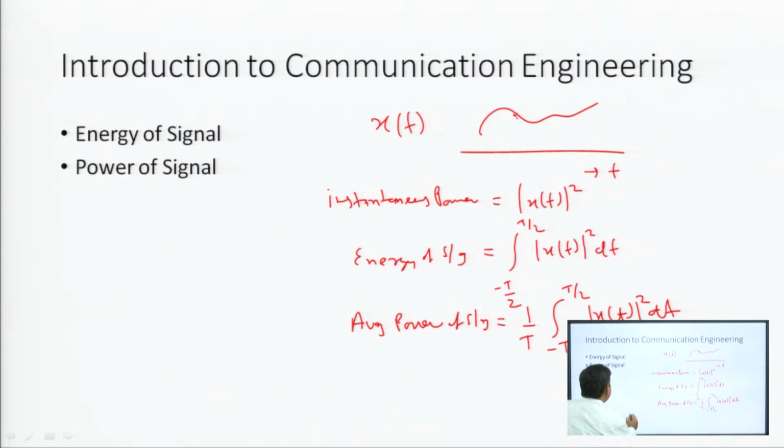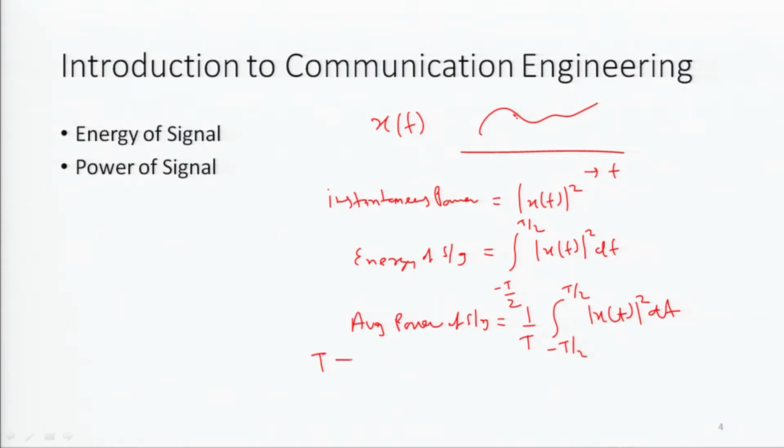While if we take T tending to infinity, and the energy lies between 0 and infinity, then it becomes an energy signal, and the energy E equals limit T tending to infinity of the integral minus T by 2 to plus T by 2 mod of x(t) squared dt.